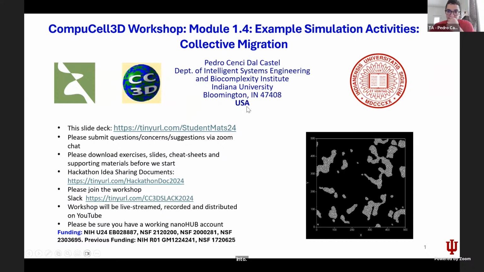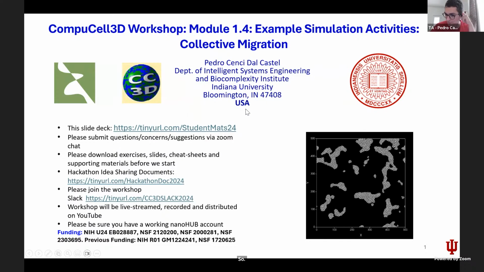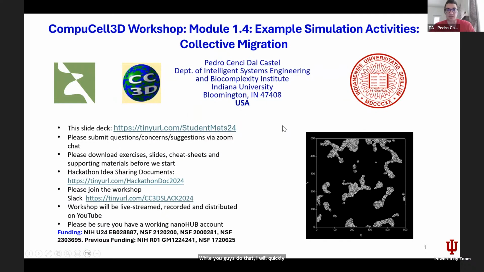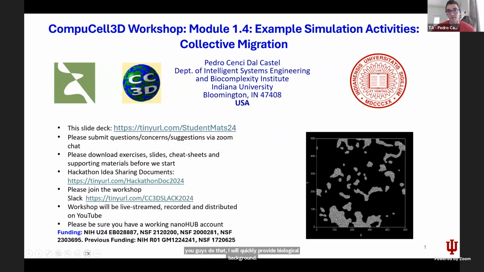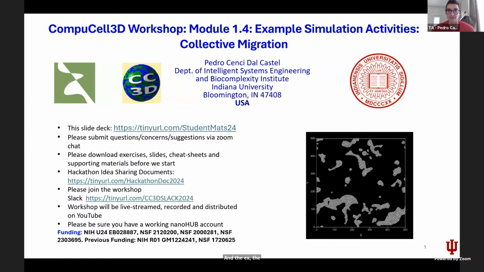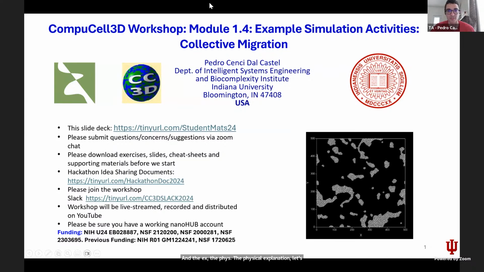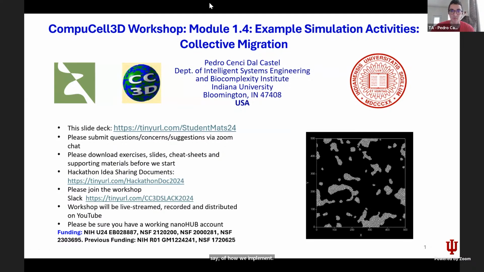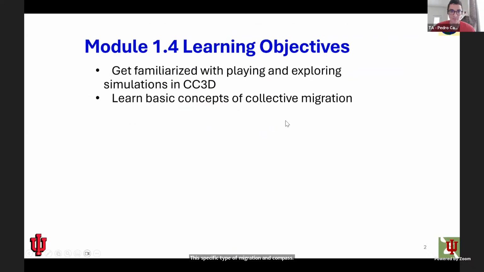While you guys do that, I will quickly provide a biological background and the physical explanation of how we implement this specific type of migration in CompuCell and how we achieve collective migration. So the learning objectives are basically getting familiarized with simulations in CompuCell and learning some basic concepts of collective migration.